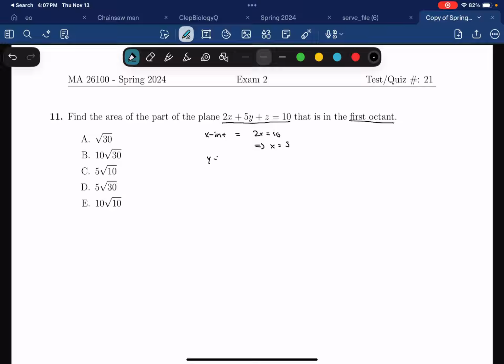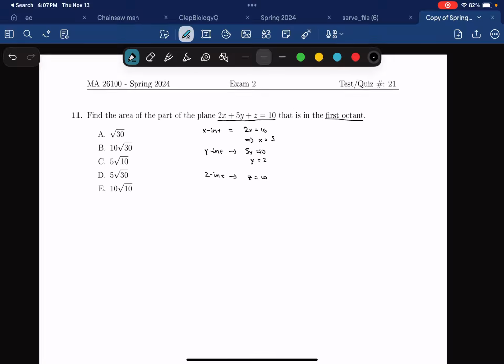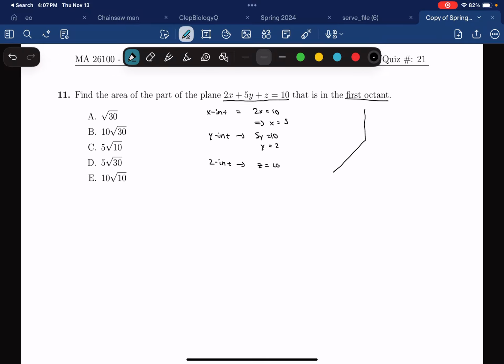The y-intercept will be 5y equals 10, so y is equal to 2. And then the z-intercept, well, that's just z equals 10. So if we were to draw this out here, you have an x at 5, a y at 2, and a z at 10.